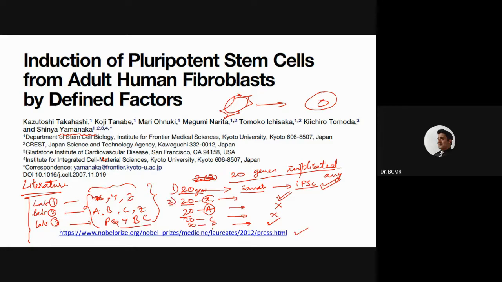In the second case, they have used 19, in which they eliminated X, and what they saw was pluripotency was happening. So what does that mean to you? Is X essential for induction of pluripotency or not? Anybody?